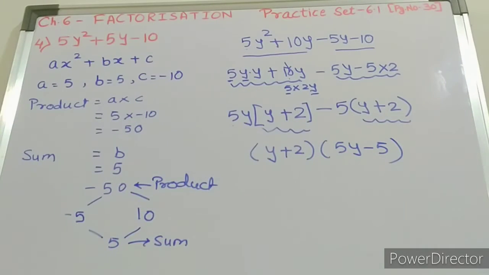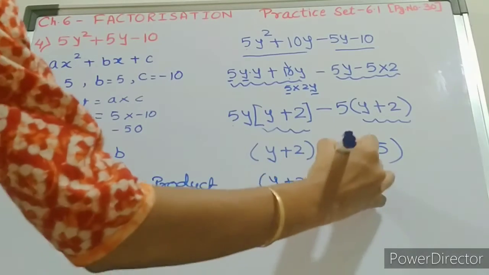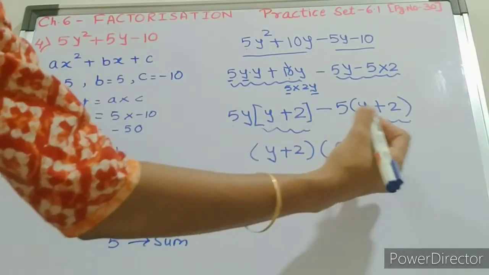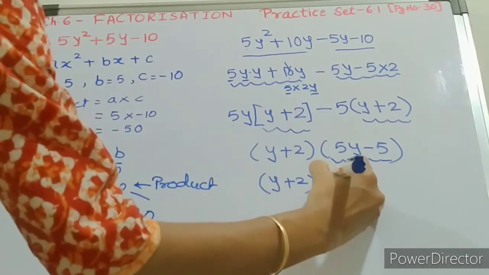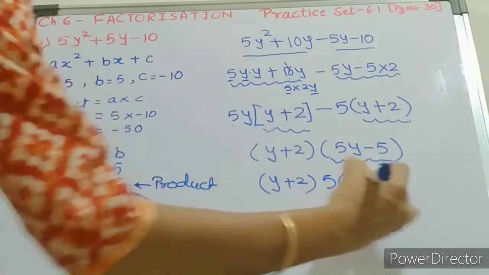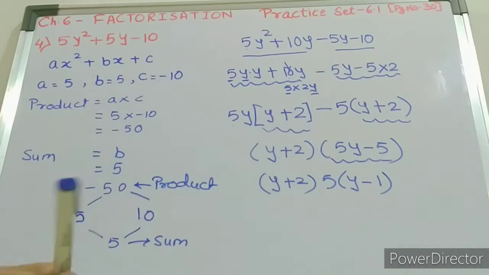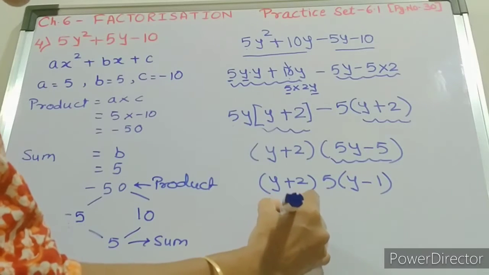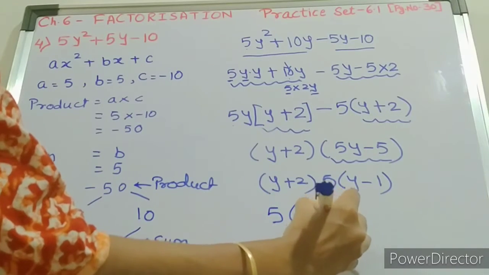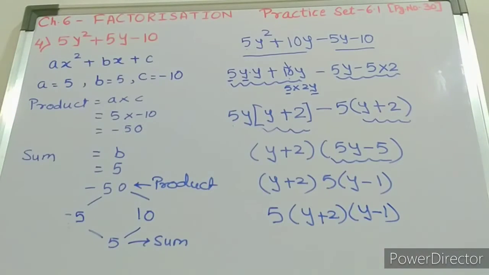Again, this can be written as y plus 2. If I observe this, I can see 5 is common, so I can write y minus 1. Correct? So now what are the factors? 5 into y plus 2 into y minus 1.